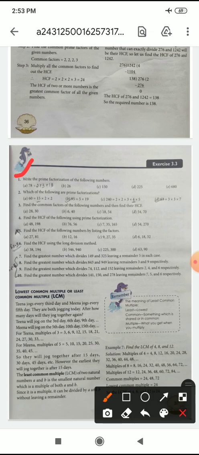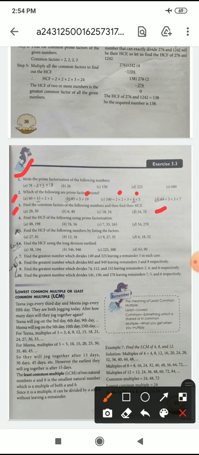Already 1 A bit I have done. You complete other bits. Number two, you see, which of the following are prime factorizations? Here you see, children, A bit 15 is not a prime number, so it will be wrong. B is correct. Here you see C bit 4 is given. 4 is not a prime number, so it will be wrong. D is correct because all are prime numbers.